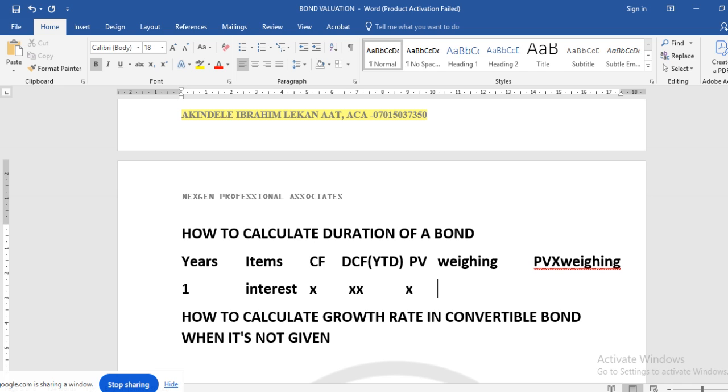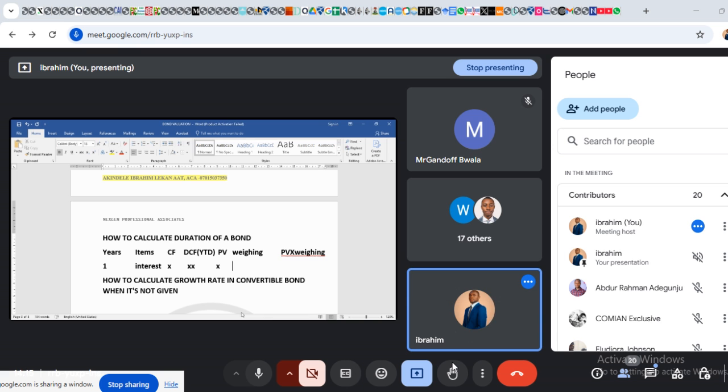Now, what is weighting? According to the theory, weighting means the number of years. The first year, you use 1. When we get to the second year, you will use 2. When we get to the third year, you will use 3. It is an assumption.